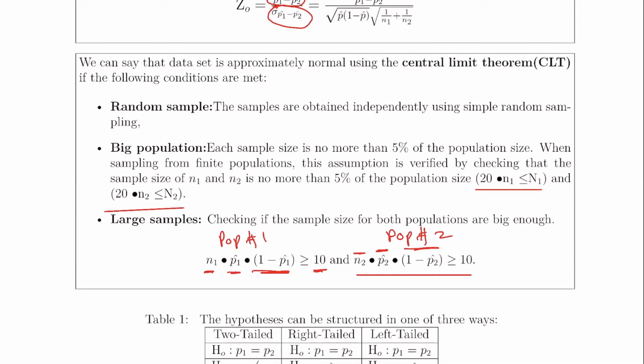So it's pretty much the same thing. The only thing is you have to adjust it now that you have two populations, versus before when we only had one. So you have to do twice as much as before. That's your central limit theorem.